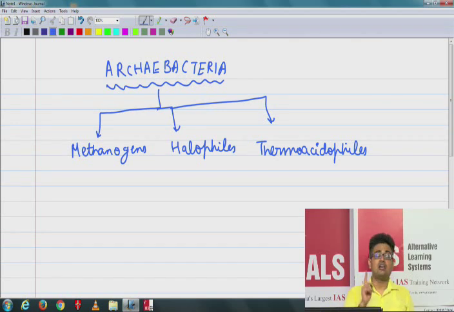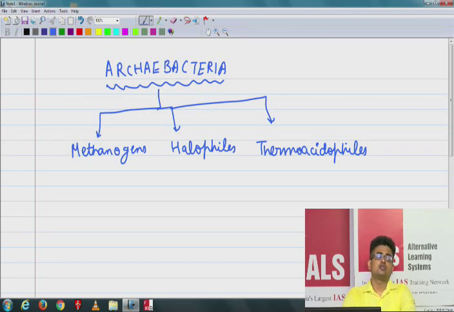Then come the halophiles. Halophiles are bacteria found in a very extreme environment, salt water, seawater. Seawater has about 33 to 35% concentration of sodium chloride and other salts. In this highly saline environment, very few bacteria can survive, and a very good example is halophiles.